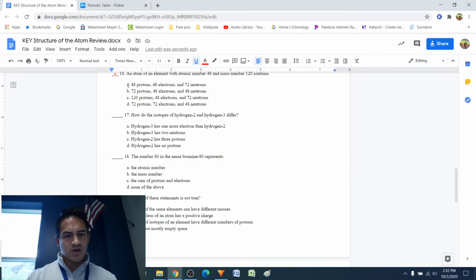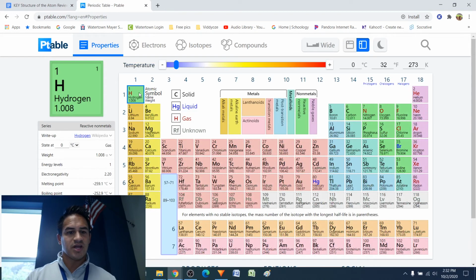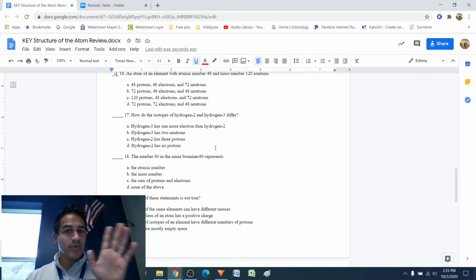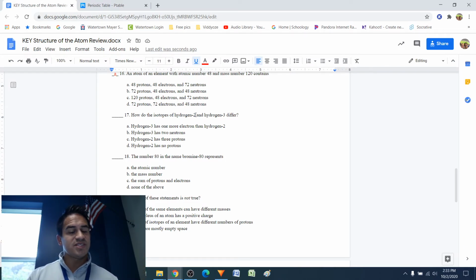All right. So hydrogen is element number 1 on the periodic table. That means it has 1 proton. So if it's hydrogen, there's 1 proton no matter what. The 2 is the mass number, so that is protons plus neutrons, which means hydrogen 2, since it has 1 proton, also has 1 neutron.